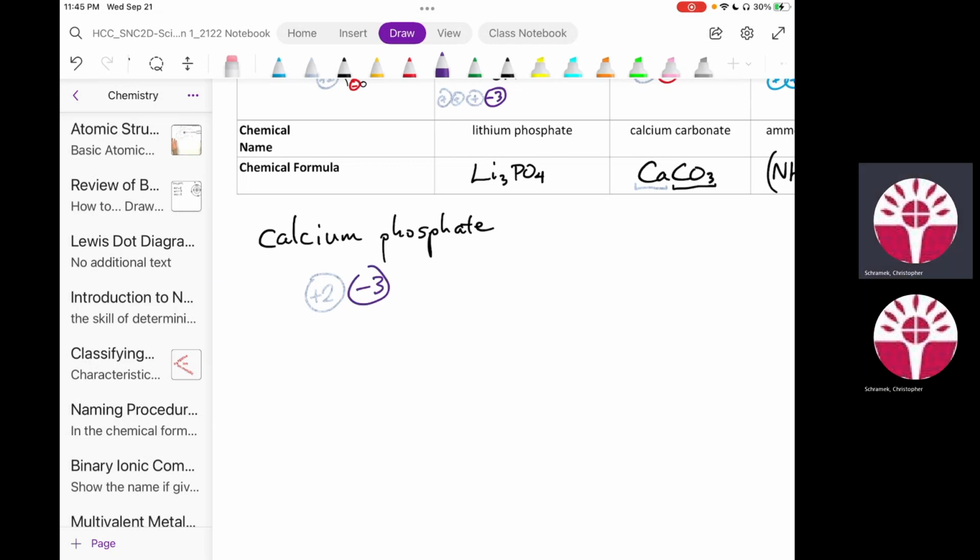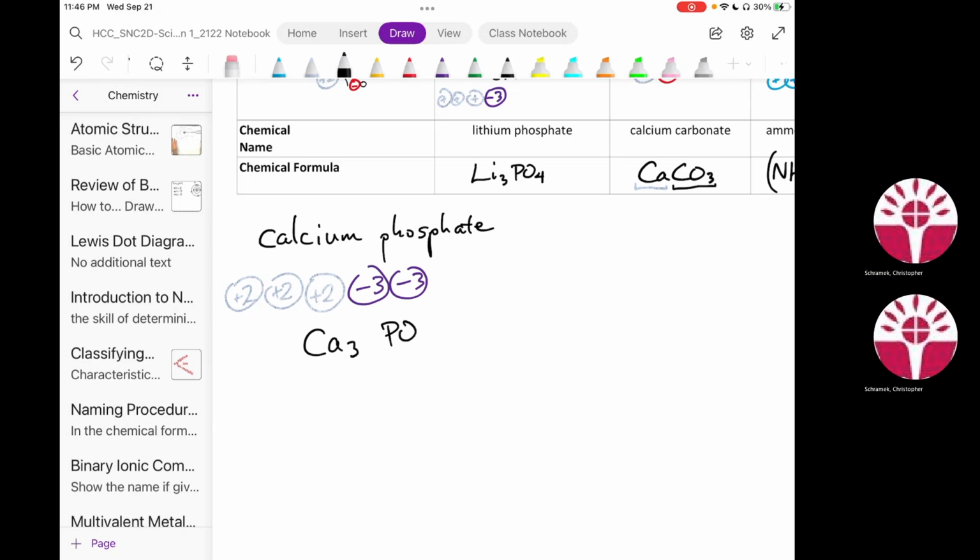And I'm just going to do these examples quick because I want to wrap things up. -3 and +2. And when you draw out your simple particles, you'll eventually start to realize there's only so many combinations of ratios we can have, right? So this now is going to be Ca3PO4, but we have 2 PO4s, so we got to put those guys in a bracket like that.